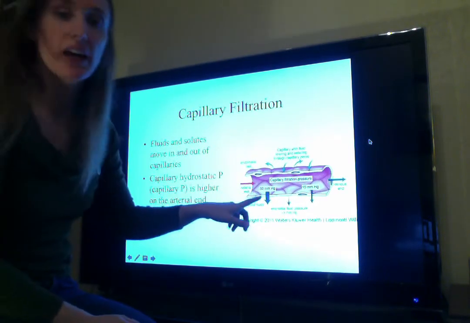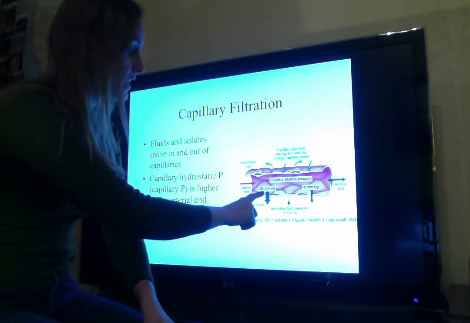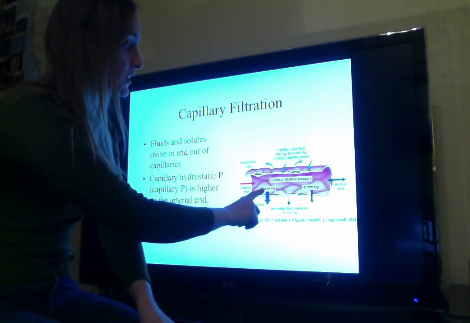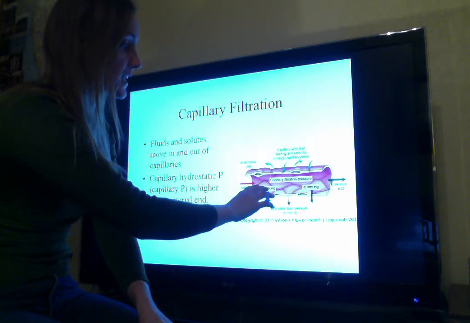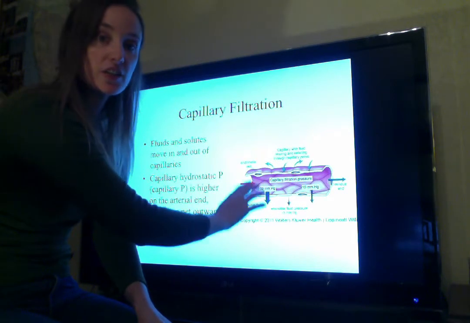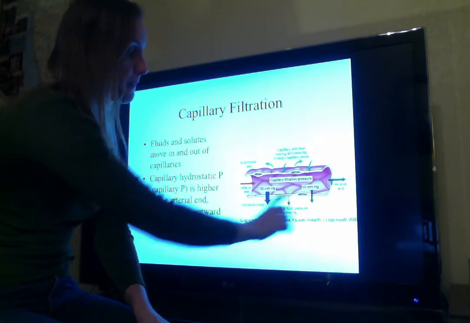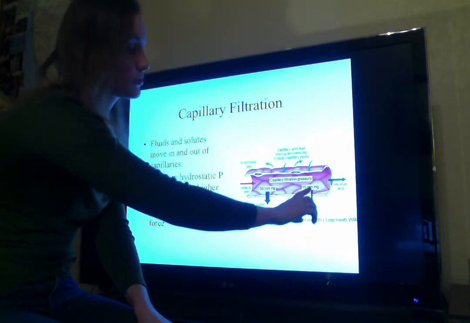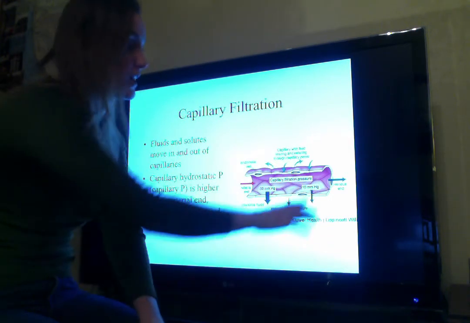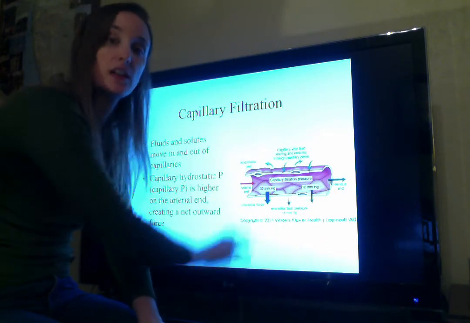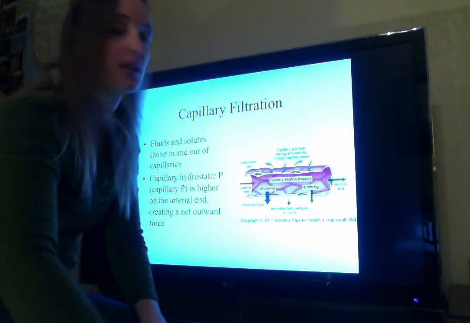Once again, this slide shows the capillary filtration pressure. The hydrostatic pressure on the arterial side is 30 millimeters of mercury, and then it drops down to only 10 millimeters of mercury on the venous side. So it's pushing out on the capillary side.